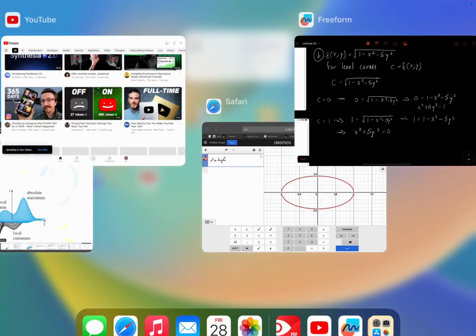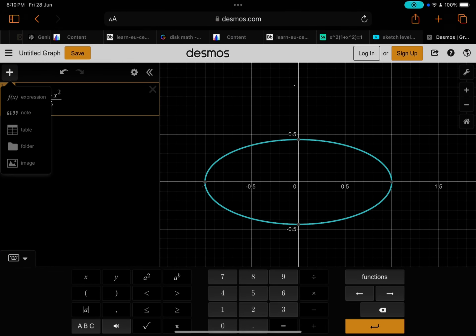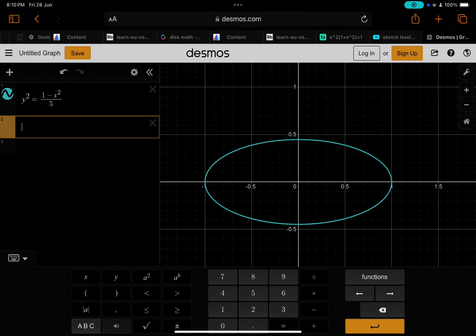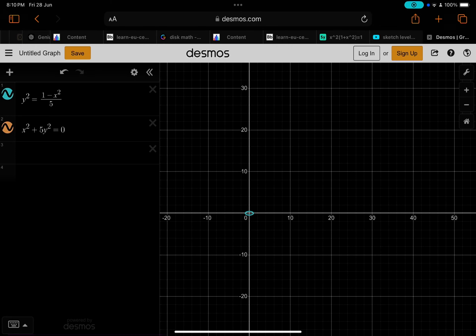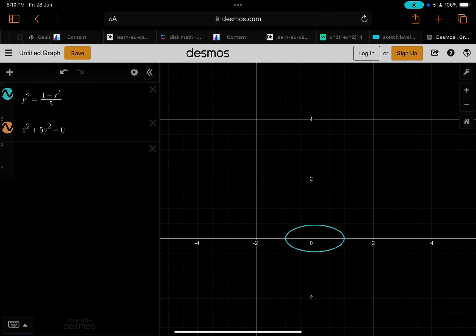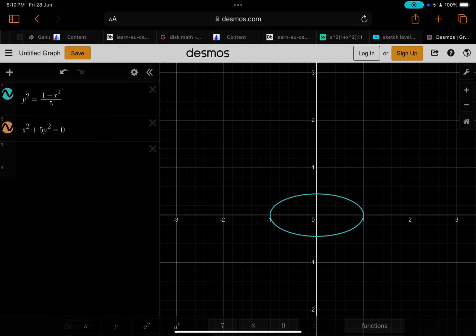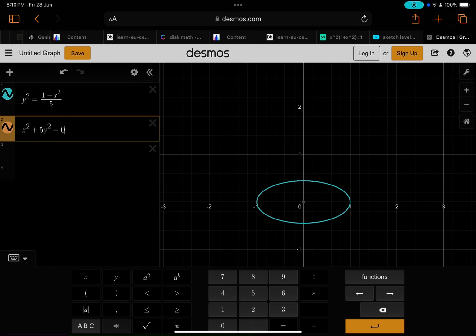x squared plus 5y squared should equal 0. Let's press enter and see what we get. Okay, so there is no such function apparently.